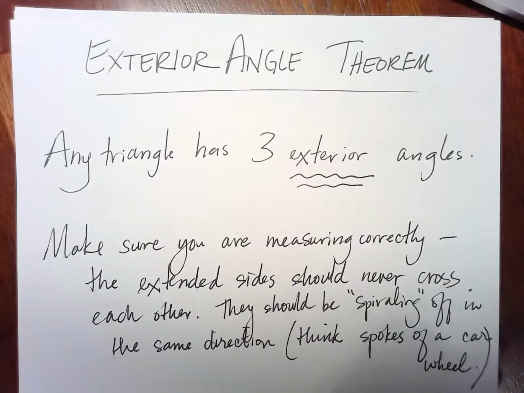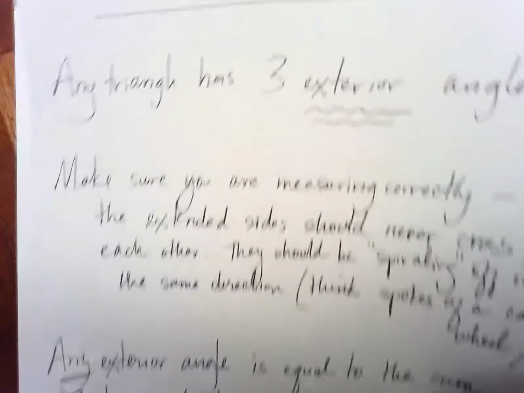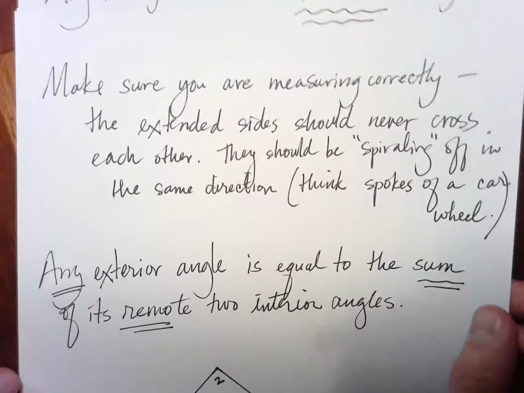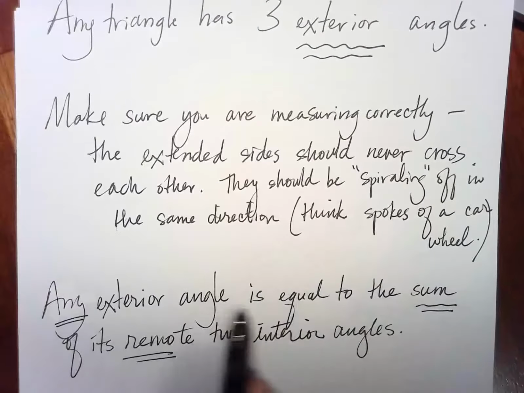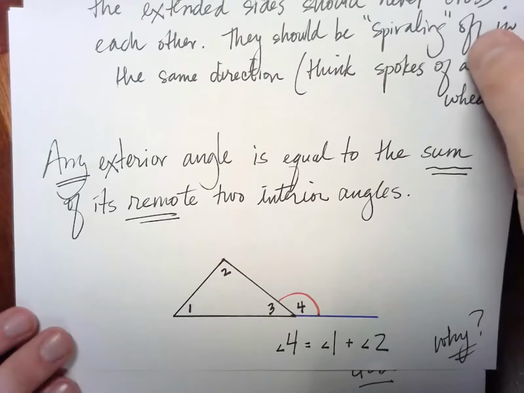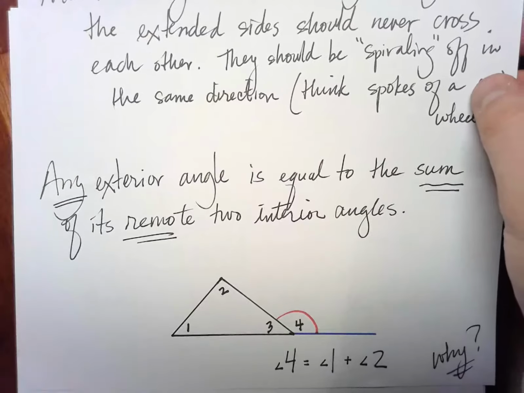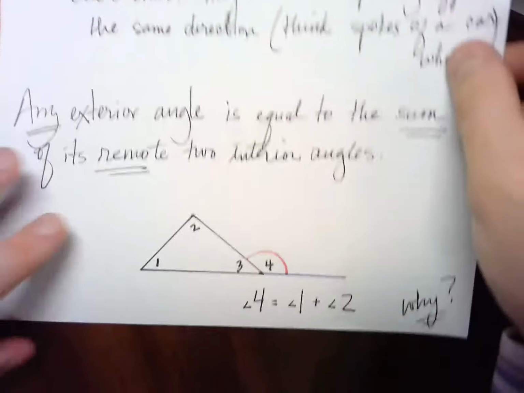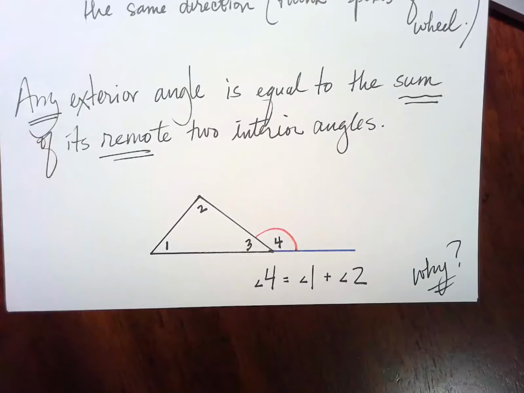Okay, so any exterior angle is equal to the sum of its remote interior angles. And when I say remote interior angles, I mean like this.